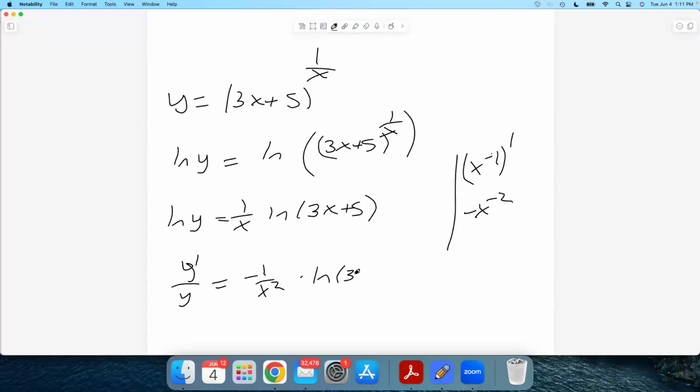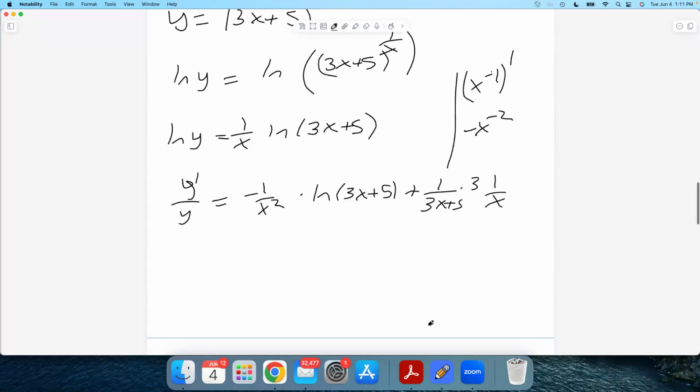We're doing product rule here. Plus, derivative of the second guy will be 1 over 3x plus 5 times the derivative of the inside, so times 3 times the other guy. So let's clean that up maybe first.